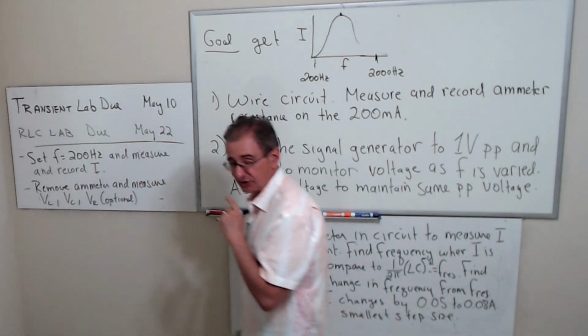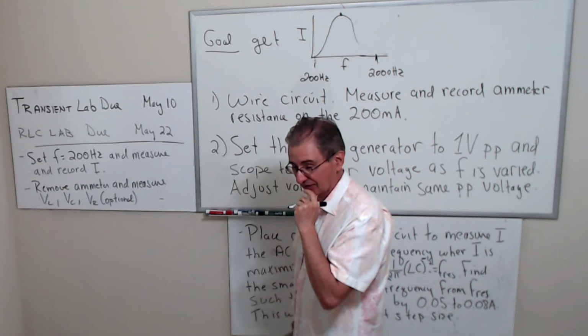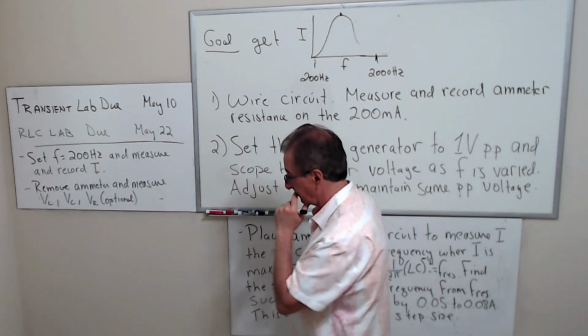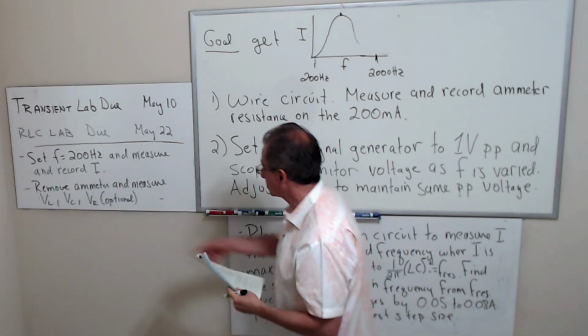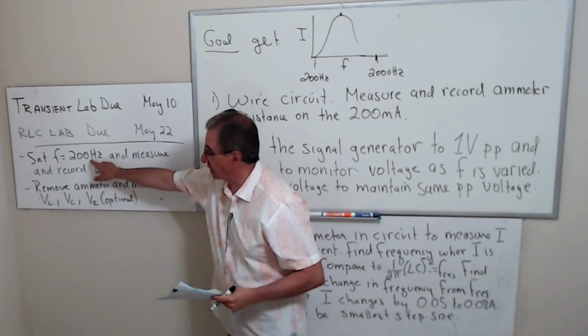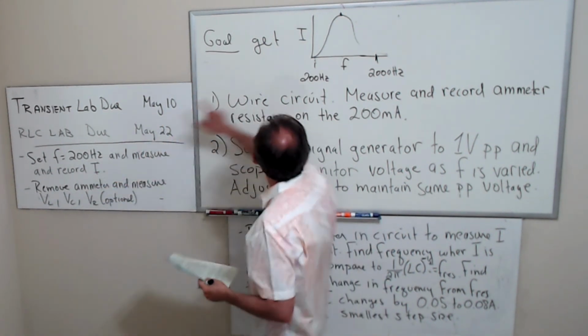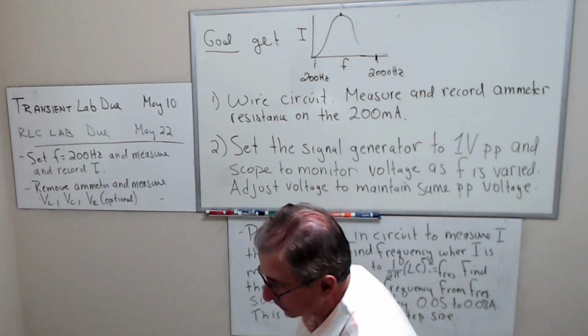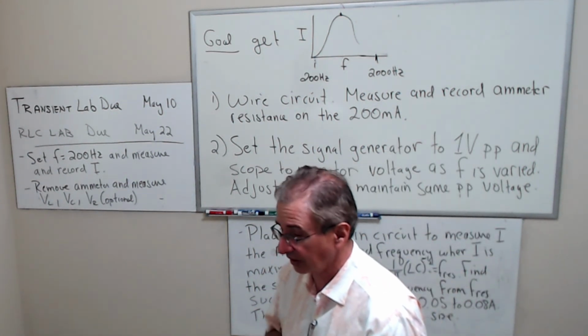Make sure you know the resistance of your inductor. Once you've done this, then go back and change the frequency and just keep doing it until you've gone all the way to 2000 hertz. And then we're going to use an Excel spreadsheet to calculate everything.